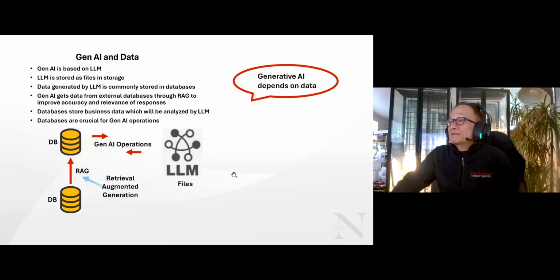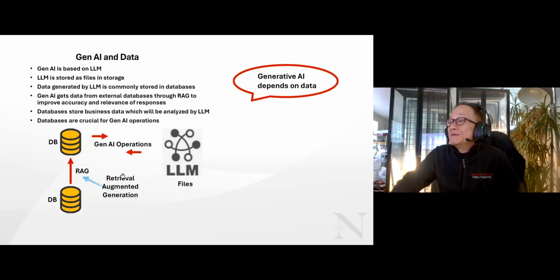When we ask generative artificial intelligence a question, it will take our question or our prompt. Then it can also use a process, the retrieval augmented generation.